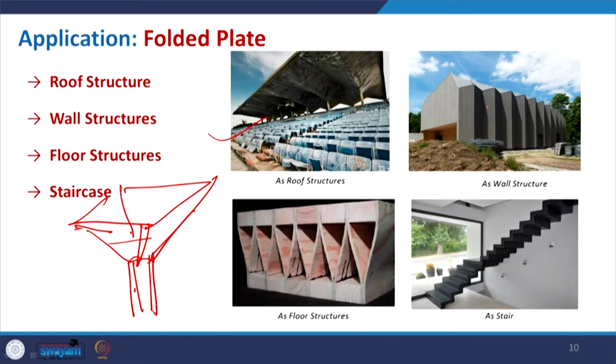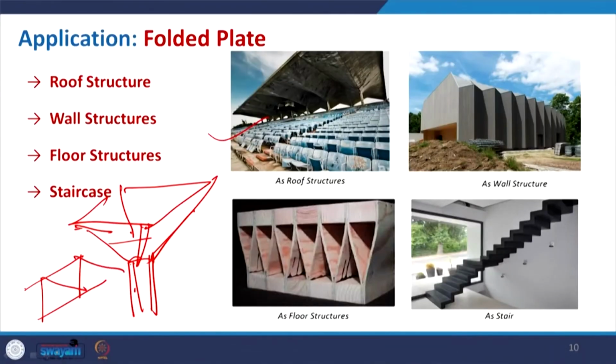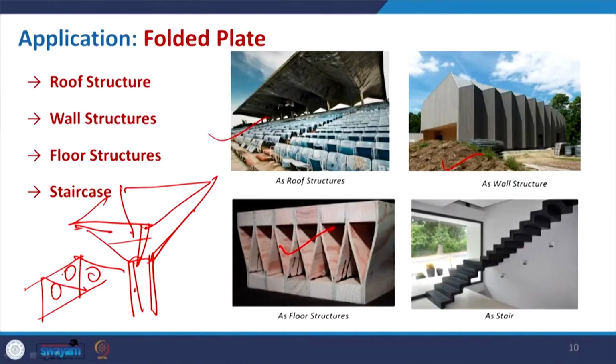Then it can also be used as a floor. This is something interesting: if you have some insulation or some services to be run between the floors, then we can use this kind of system, where the hollow part not only reduces the material but also helps to run all the services. Nowadays we can also see stairs in a folded pattern.